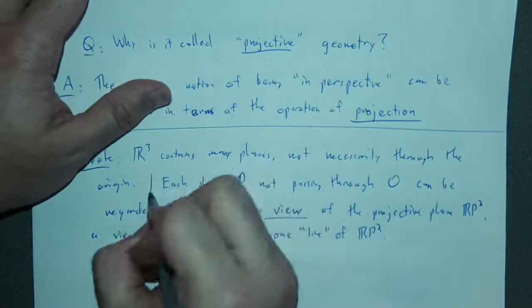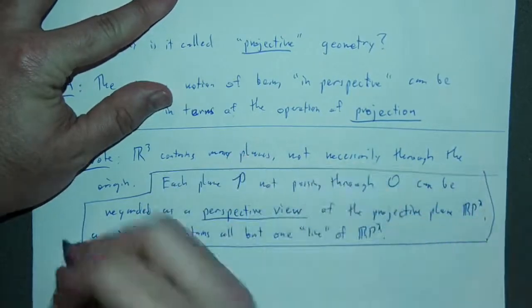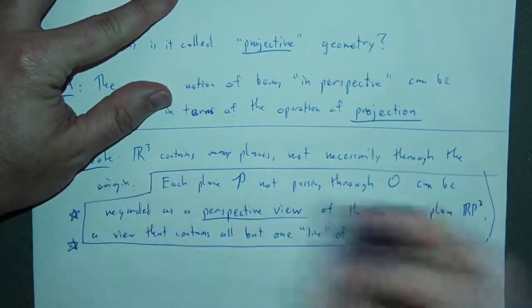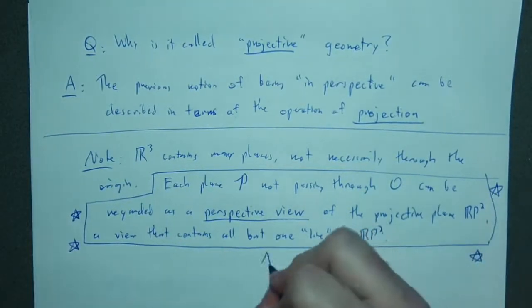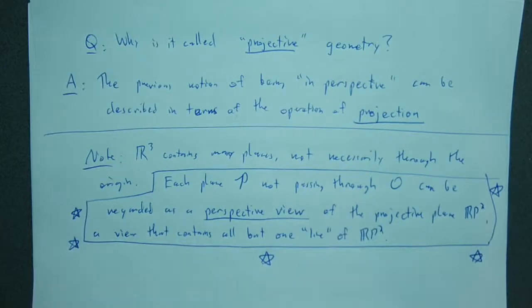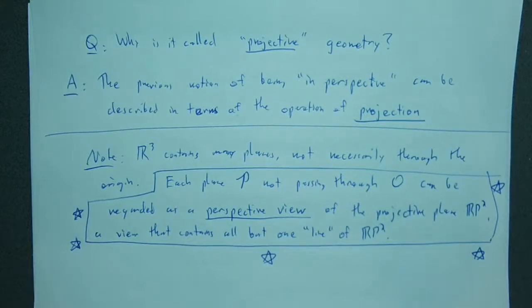So this is important enough that I'm going to box this and put little stars next to it, because this is what ties together our notion of perspective that we started this chapter with, and what we've been doing here developing RP2 and how this is related at all to these things. Okay. All right. And so, how does this work?